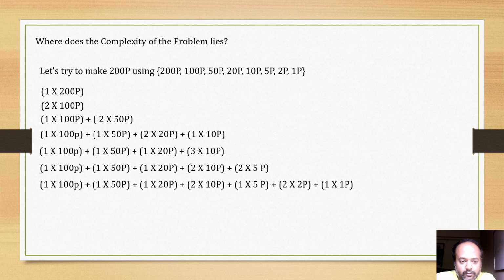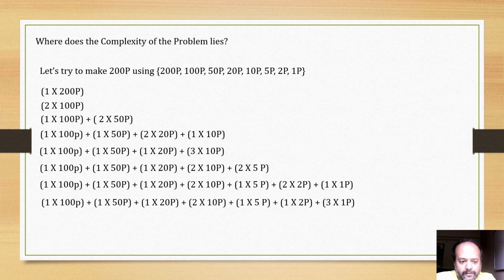Or you could take 100, 50, 20, and 210, one 5, 2 paisas, and 1 paisa. Or you could take 100, 50, 150, plus a 20, 170, plus 2 tens, 1 5, 1 2, and 3. You could just do the math. It will end up in 200 pice or 2 rupees.